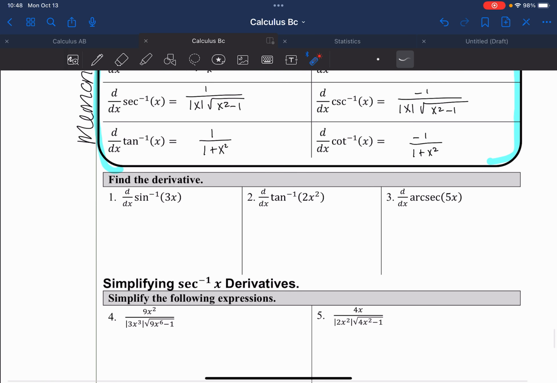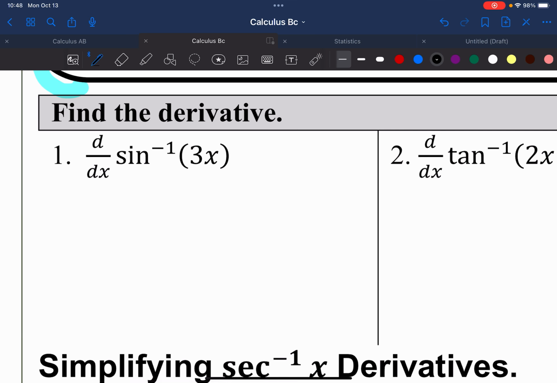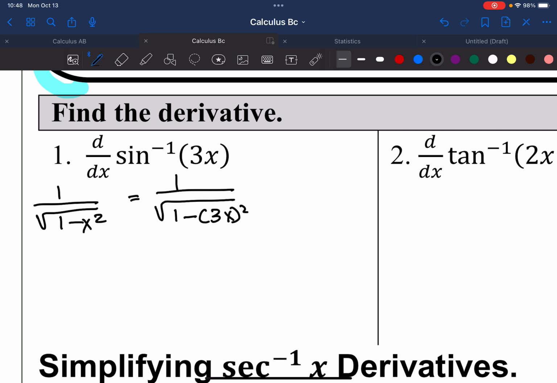Okay. So first example here, it says find the derivative of the inverse of sine of 3x. Well, based off of the definition, we are going to use 1 over the square root of 1 minus x squared, which is 1 over the square root of 1 minus 3x squared.